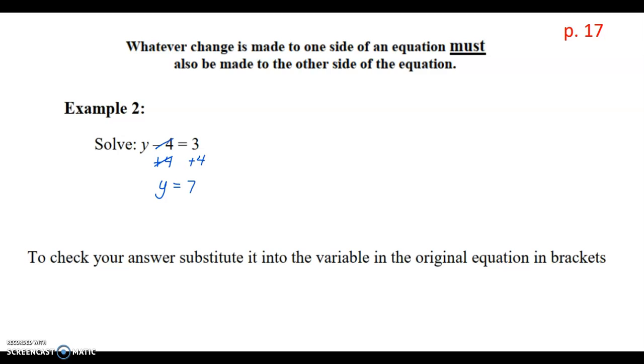Now to check, we go back to the original equation, and we substitute what we solved for y into that equation. So y minus 4, y was 7, minus 4 is equal to 3. And indeed, 7 minus 4 is 3, so we have a balanced equation.